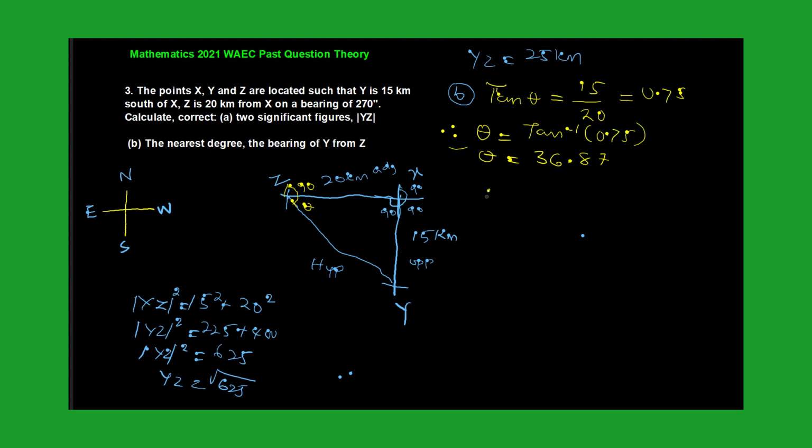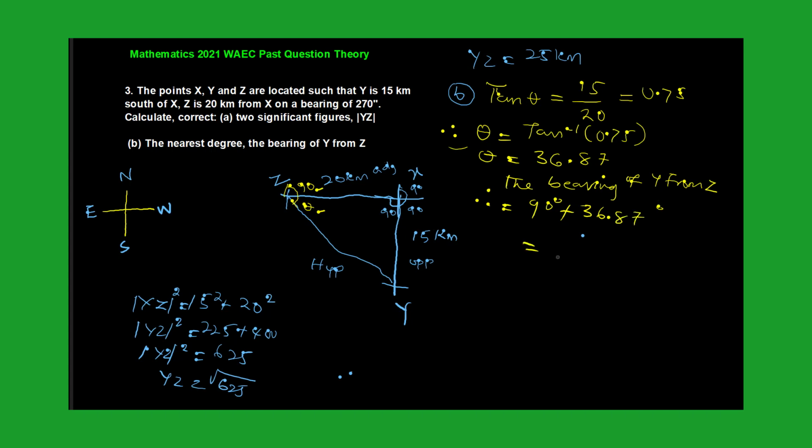Therefore, the bearing of Y from Z equals 90 degrees plus 36.87 degrees.